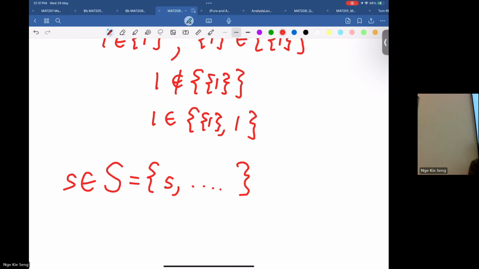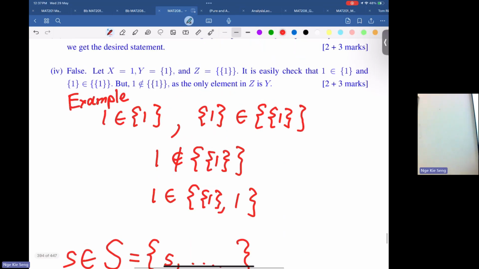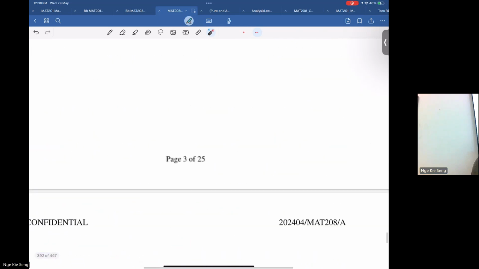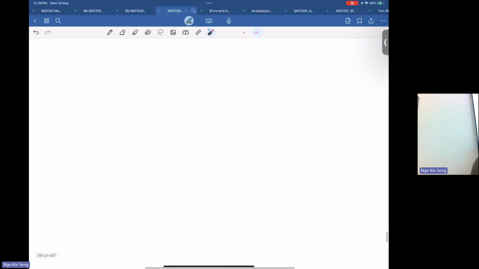So I mean the quickest way to cook up an example is just quickly put a set bracket beside the element. This is the quickest way to cook up an example. Correct or not? So if you are an element of something else, that means that set contains you.